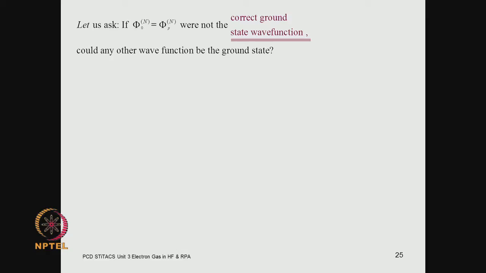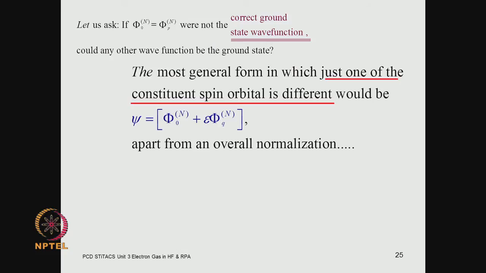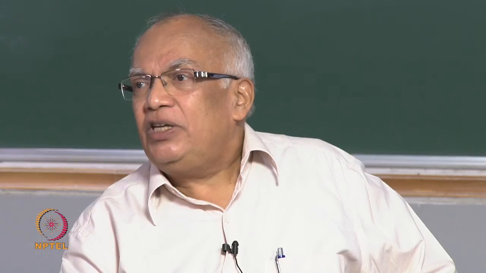It would be a superposition of various terms, and the most general form in which at least one determinant wave function is different is a superposition of phi p, which is phi 0. It is just a matter of notation. I have been denoting phi 0 and phi p equivalently. Okay. So, it will be a superposition of phi 0 and one state which is different in at least one occupation number, and the representative prototype of this state is phi q.